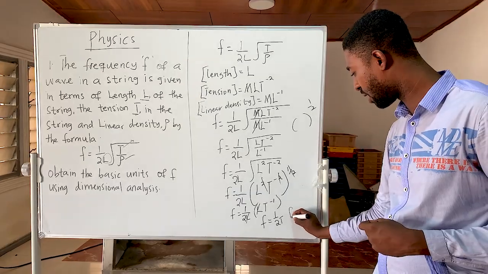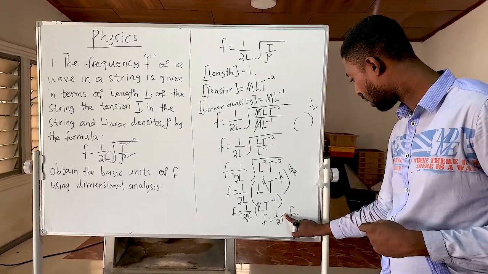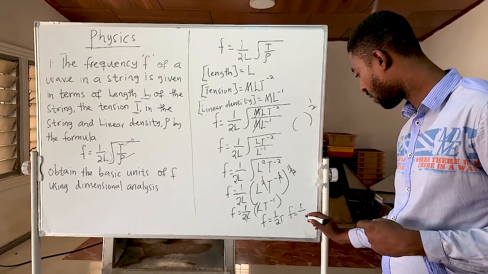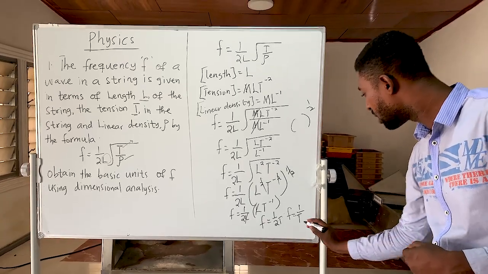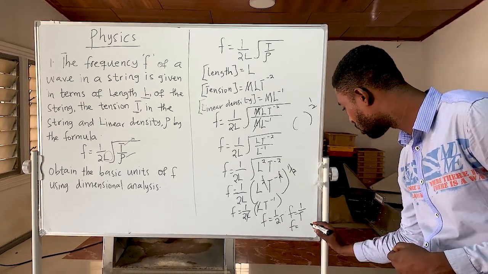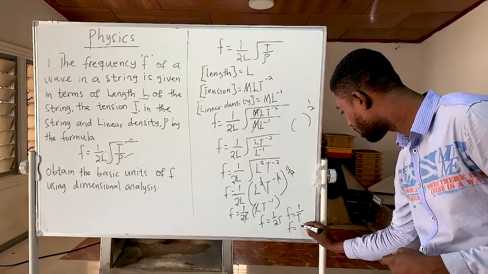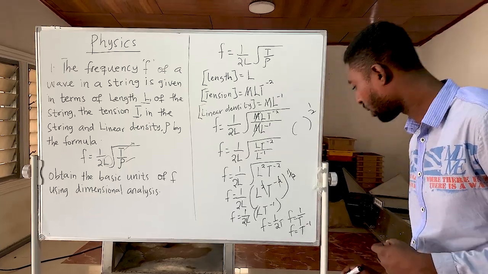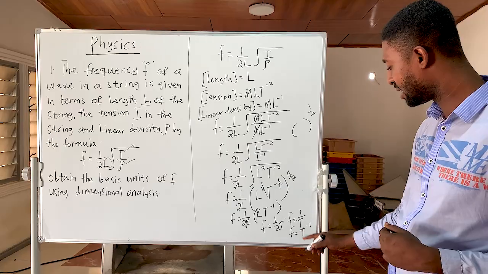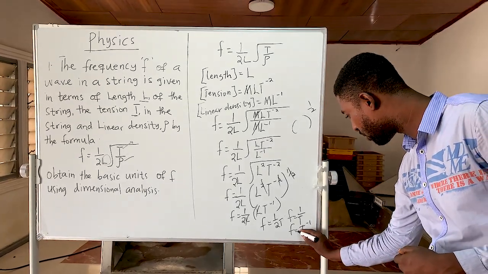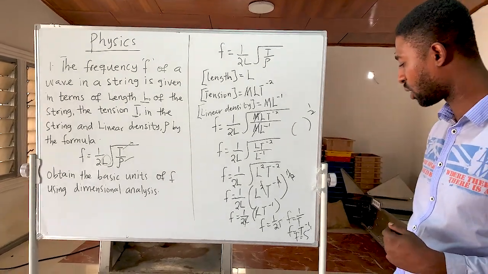So here this F can be written as 1 over T, which means F is equal to T raised to the power minus 1. And here this T is time, and time is measured in seconds. So we can have frequency to be equal to S raised to the power minus 1, which is 1 over S.